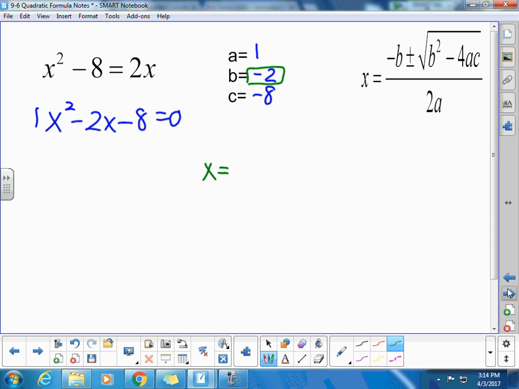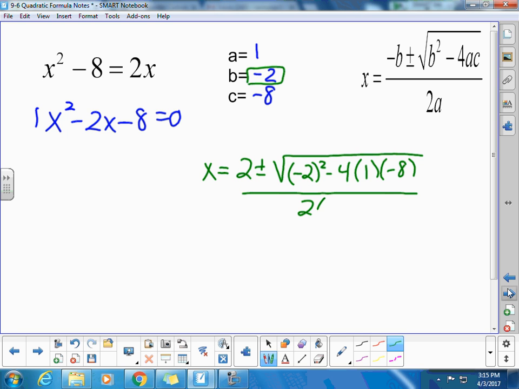So this is going to be 2 plus minus the square root of b squared. Again, put it in parentheses. Minus 4 times a times c all over 2a. 2 times a, which is 1. All right, so I use my calculator to simplify what's under the radical, and I don't use the radical button.